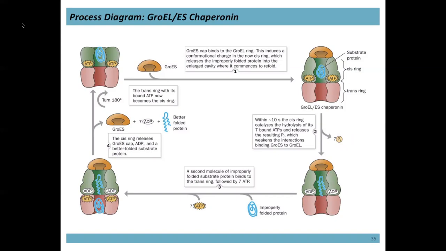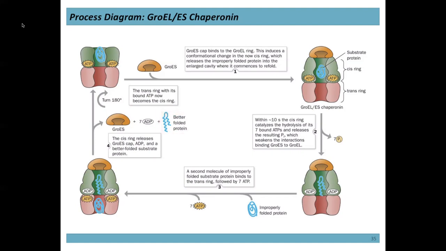Then, in the bottom ring, you can get another improperly folded protein and ATP to bind. When those bind, the GroES dissociates off the top ring, and that allows a better folded protein to come out.